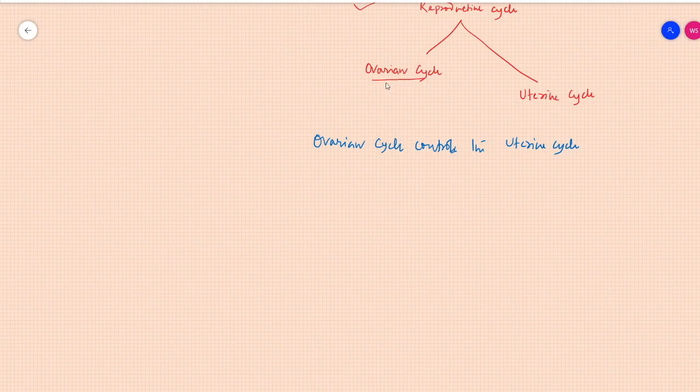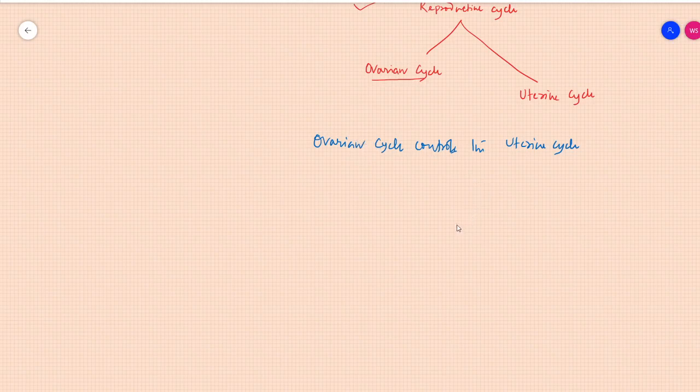Now, what happens? What is the end point of the ovarian cycle? It is the release of the secondary oocyte. Now, this secondary oocyte comes out of the ovary, is picked up by the fimbriae of the fallopian tubes, and it moves up into the ampulla.